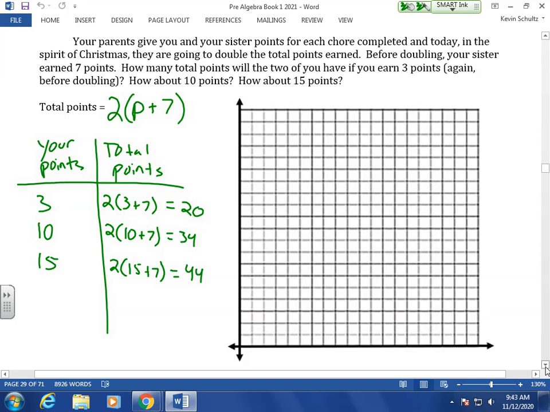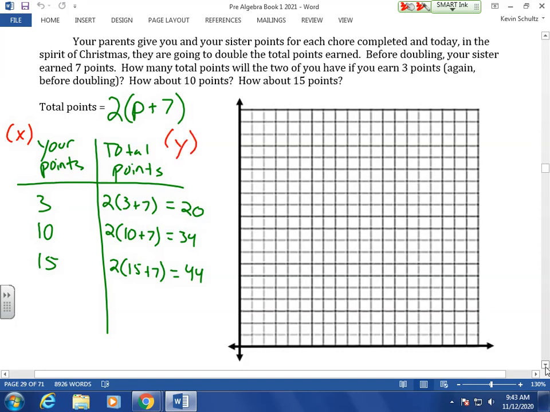Okay. Which column here is our x and which column is our y? Which is our input, which is the x, which is the output, which is the y? What's being tested? That's the x. What's the answer? That's the y. 3 different ways all to say the same thing. X is your points, and the y is total points. Yes.